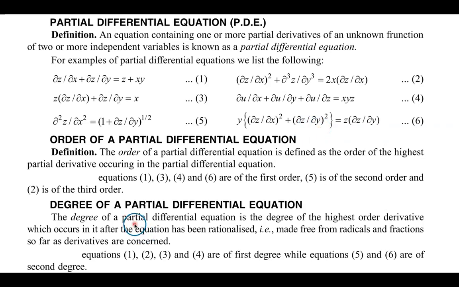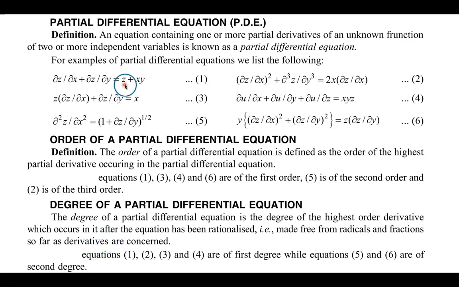Now, the degree of a partial differential equation is the degree of the highest order derivative which occurs in the differential equation after the equation has been rationalized. That is, after the equation has been made free from radicals and fractions, so far as the derivatives are concerned.